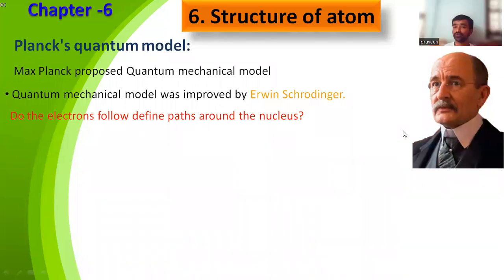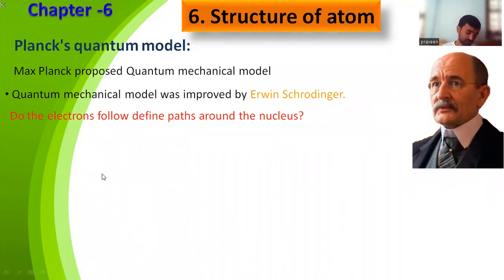So no one is able to answer. If there is no particular path, how are you able to decide that the electron is revolving around the nucleus? And one more thing, there is no particular boundary for the atom. Unlimited, right?